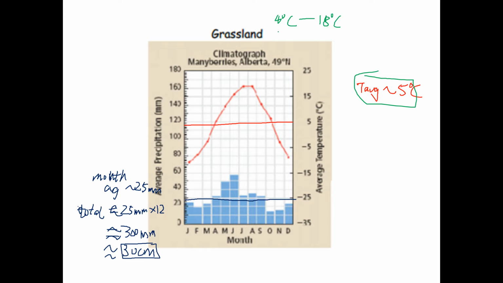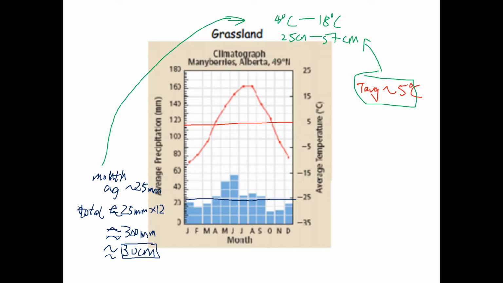And precipitation is somewhere around 25 centimeters to 57 centimeters. There we go. This falls in our range, right? So this is a typical grassland one. Okay, let's take a look at another question.